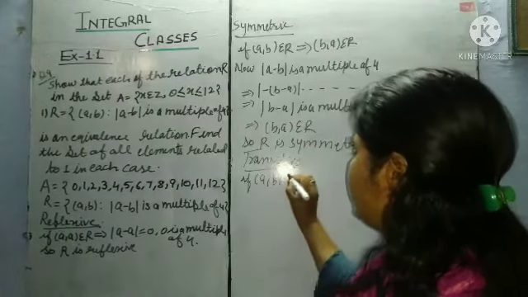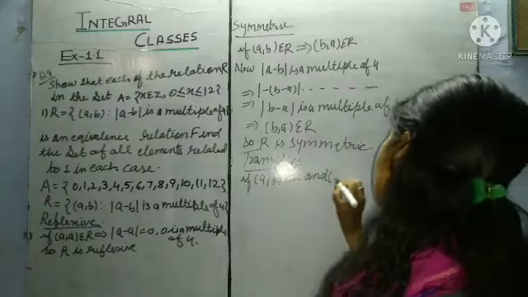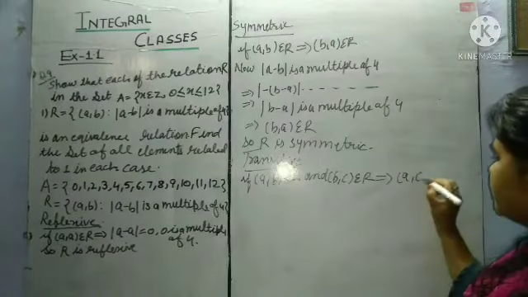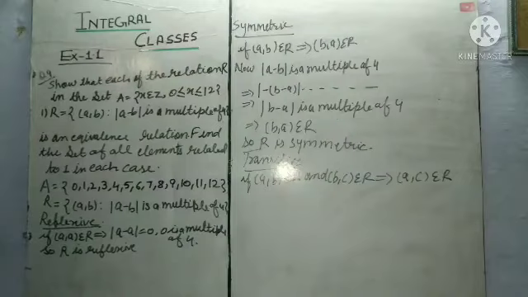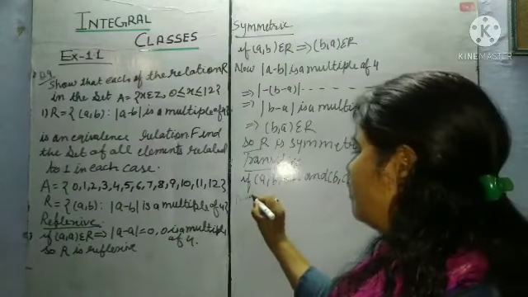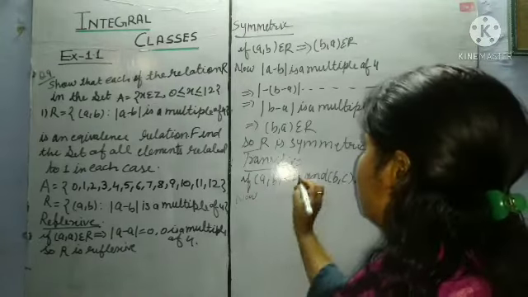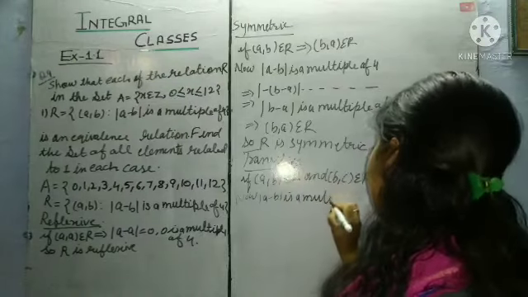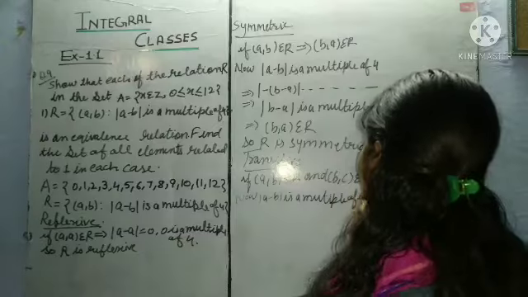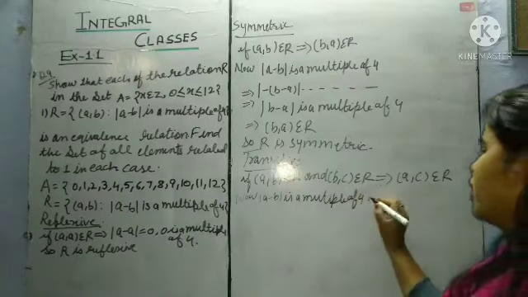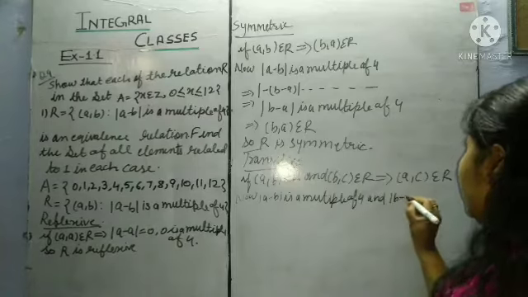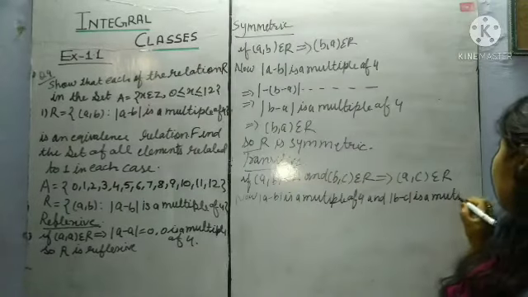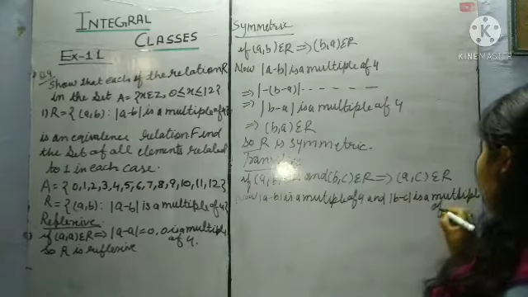If (A, B) belongs to R and (B, C) belongs to R, then it implies that (A, C) should belong to R. Now if (A, B) belongs to R, it means A minus B is a multiple of 4, and (B, C) belongs to R means B minus C is a multiple of 4.